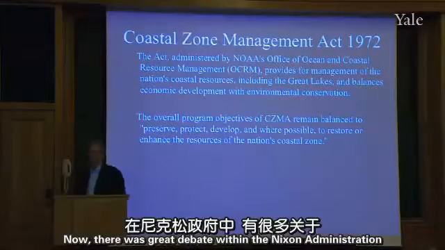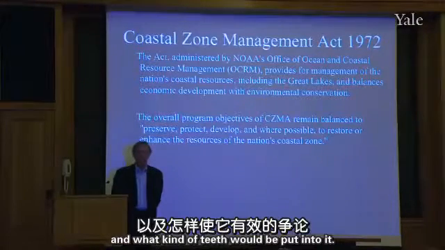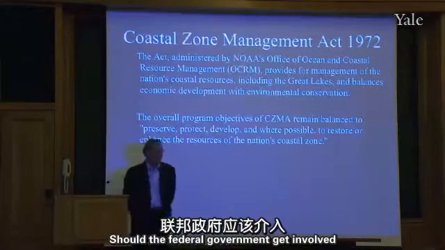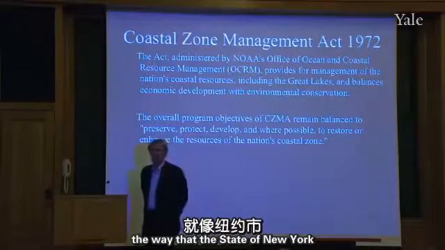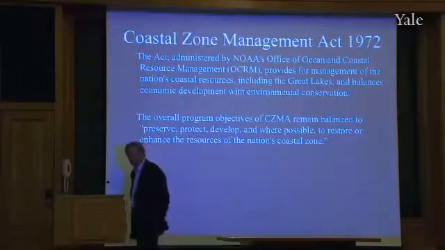Now, there was great debate within the Nixon administration about the structure of this statute and what kind of teeth would be put into it, should the federal government get involved in the regulation of land use, the way that the state of New York got involved in the regulation of private land use in the Adirondacks.